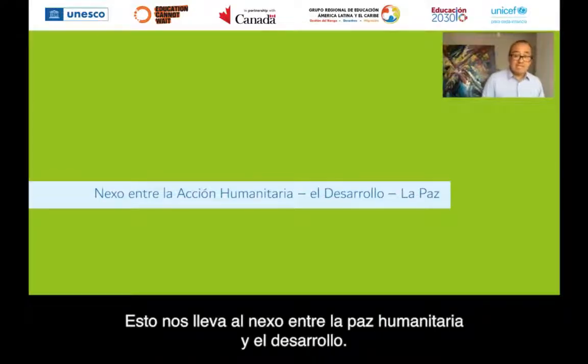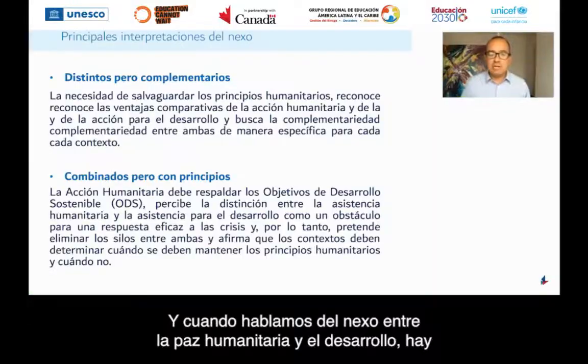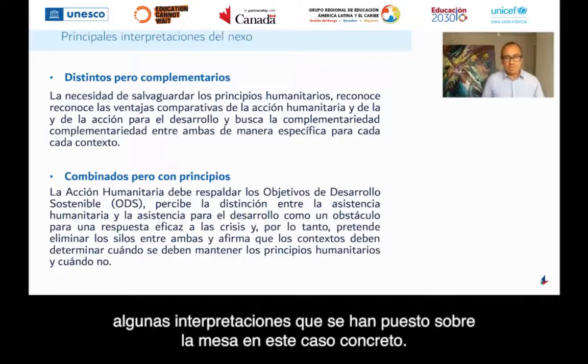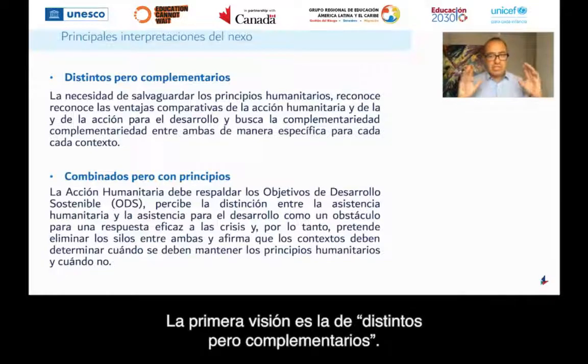So that brings us to the humanitarian and development peace nexus. When we are talking about the humanitarian and development peace nexus, there are some interpretations now on the table. The first vision is the distinct but complementary.